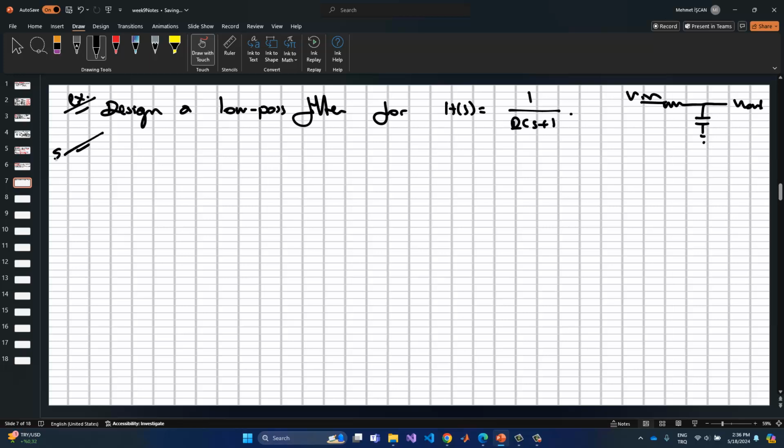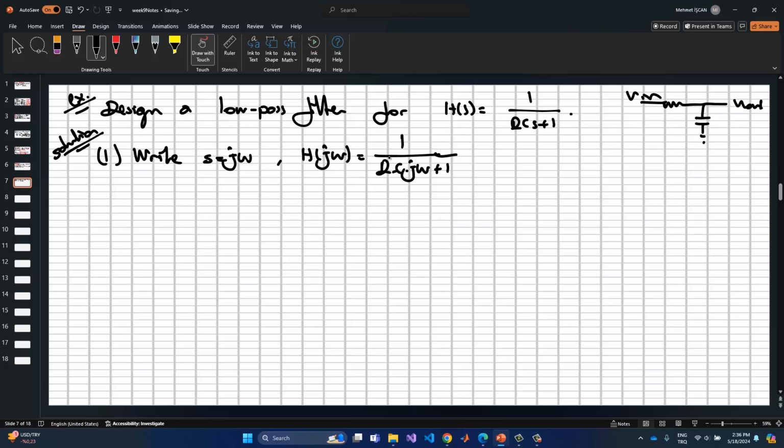Okay, and so we need to create a stage for these terms. Firstly, we need to write S equals JW, and then H(JW) must be equal to 1 divided by RCJW plus 1. Okay? These are the frequency representation of the transfer functions.